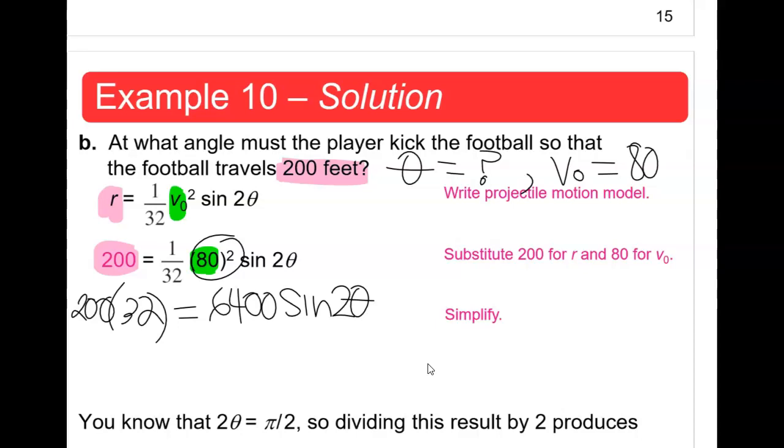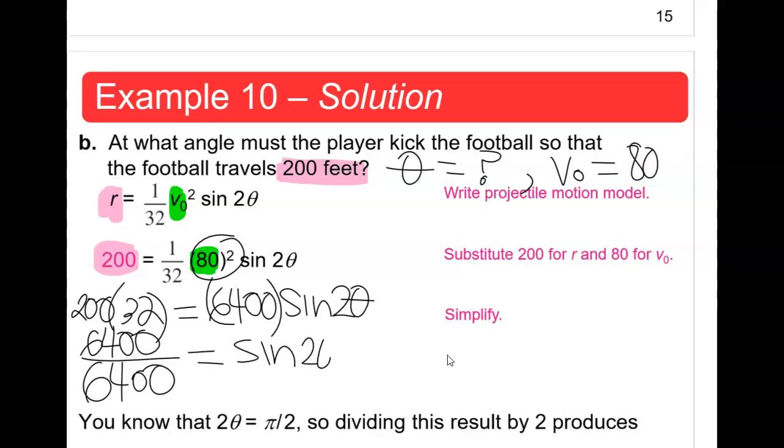So one of the things I could do here, if I multiply 32 times 200, I could multiply 32 times 2, which is 64, and then I'm going to have the times 100, so with 2 extra zeros. Then here, this 6,400 is multiplying sine of 2 theta, so if I take it across, it's going to be dividing. Okay, and now we just have sine of 2 theta here.